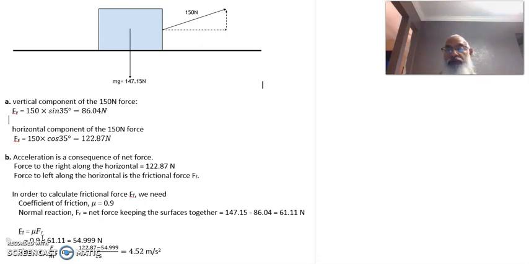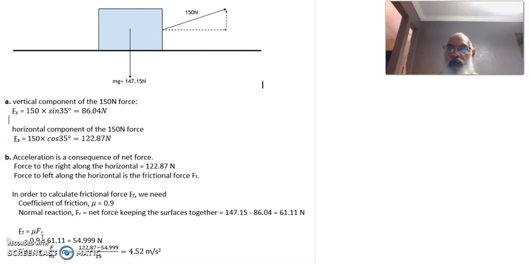So you subtract the upward force, which is a smaller quantity and is 86.04 newtons, from the downward force, which is 147.15 newtons, and we come up with a resultant force of 61.11 newtons acting downwards.